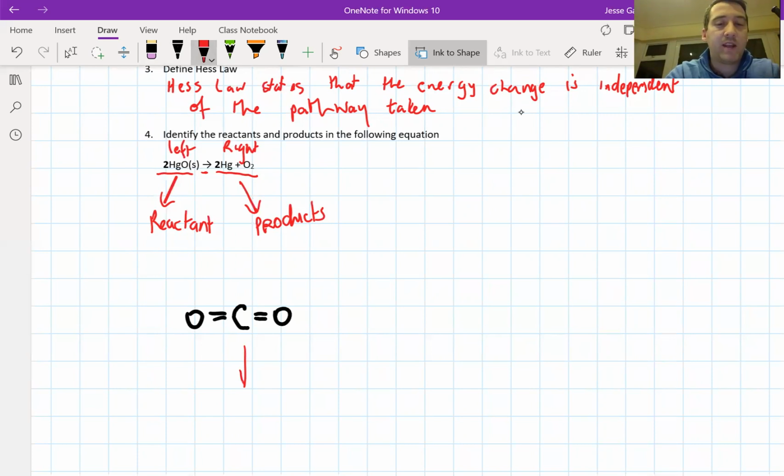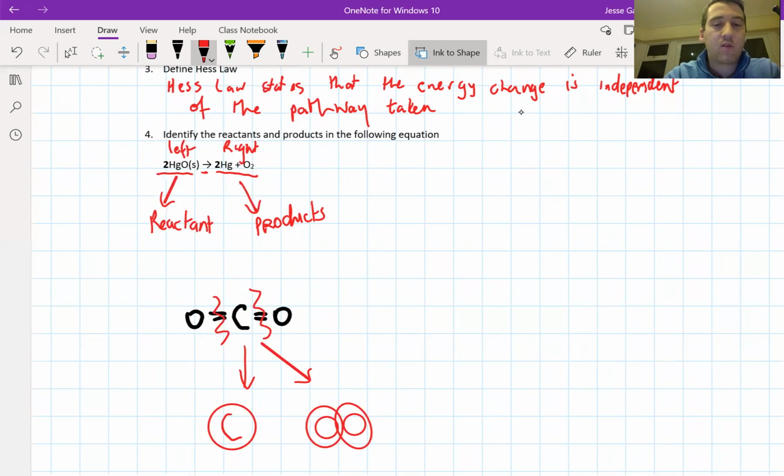If I was to break this into its separate elements, a carbon atom and 2 oxygen atoms chemically combined like this, if I was to break that into those things, I would have to break them bonds, and that would require energy, or it would involve an energy change.